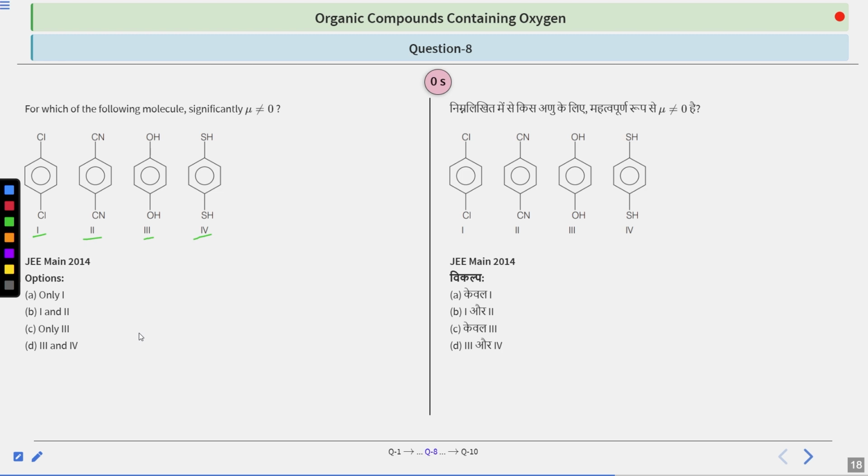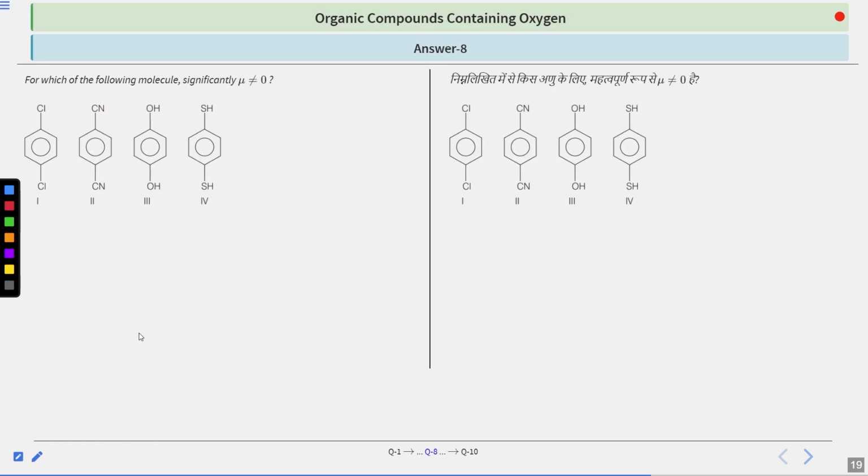Let's see. The correct answer for the given question is option number D, that is third and fourth. In quinol and thioquinol, quinol is benzene having OH and OH, and thioquinol is benzene having SH and SH.